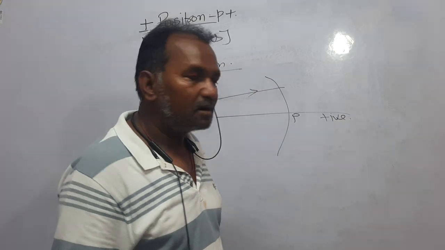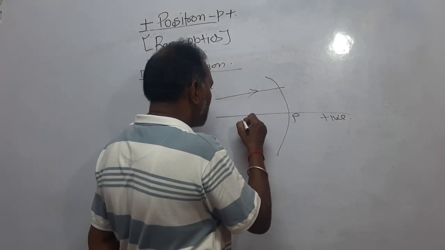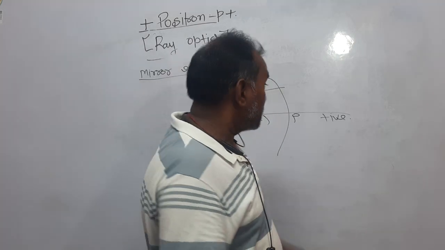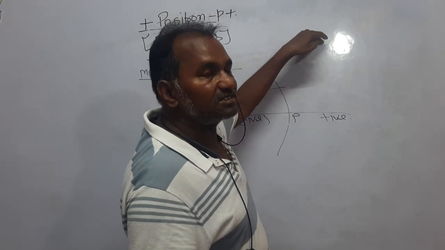Distances measured left to the pole are negative. Distances measured above the optical axis are positive. What is the optical axis?